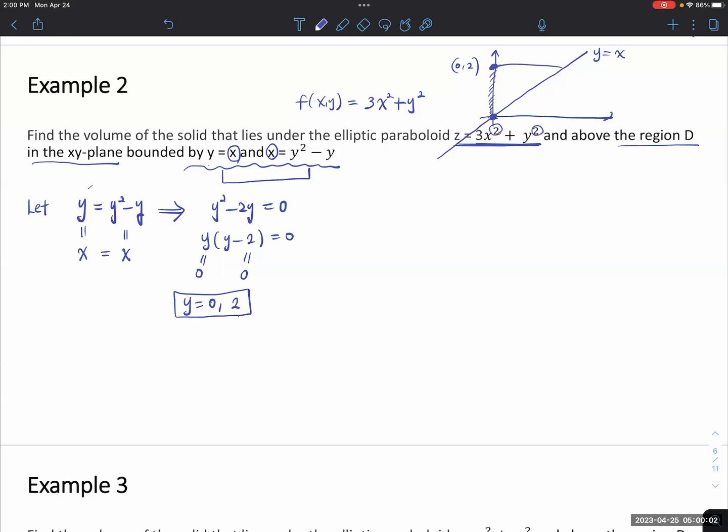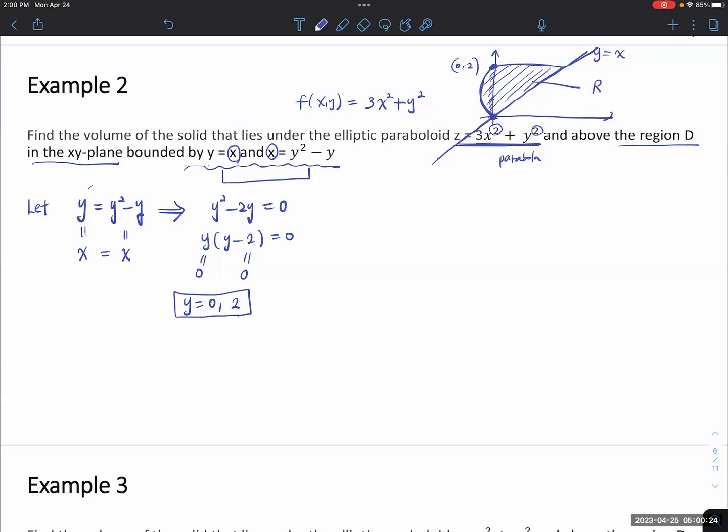It's a little bit awkward shape, but because this is the parabola, there's no way you're passing through those 2 points this way. So the only way we can pass through those 2 points, and then stop at y equal to x, I think this is going to be the region we are looking for.